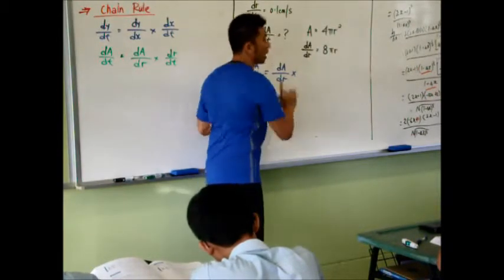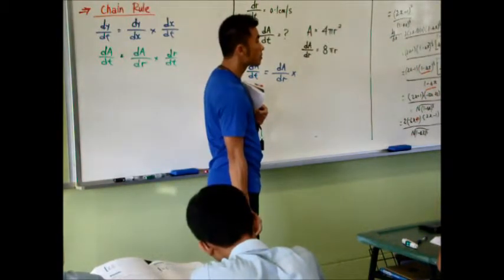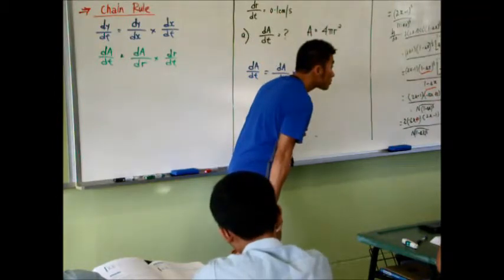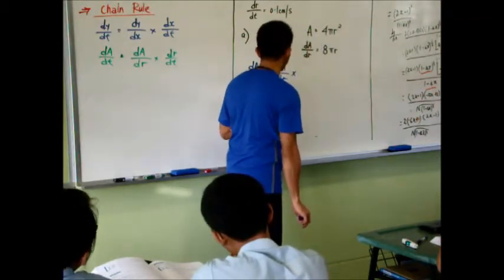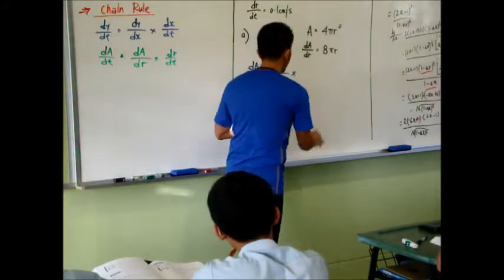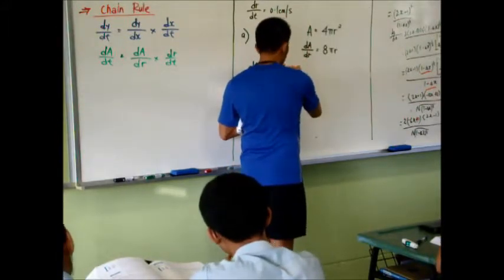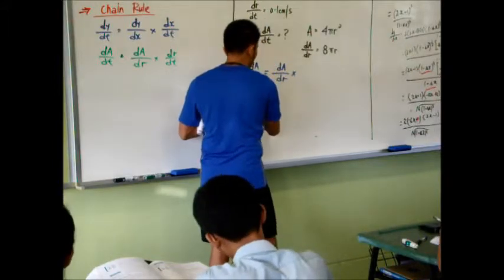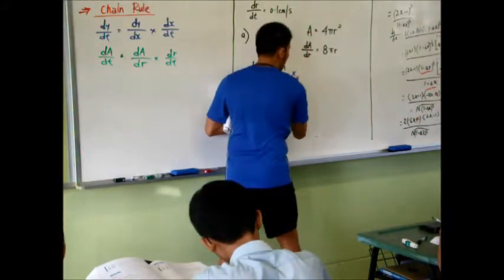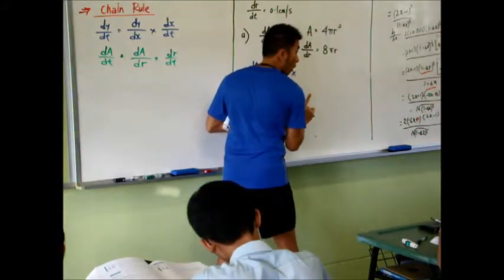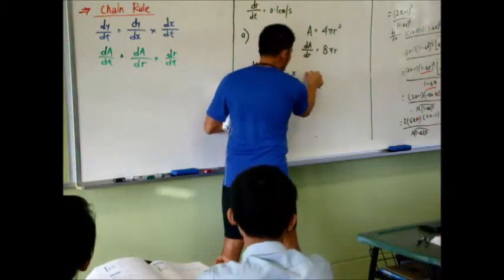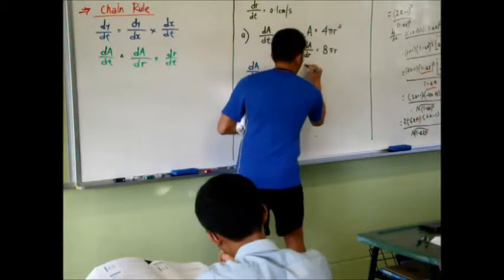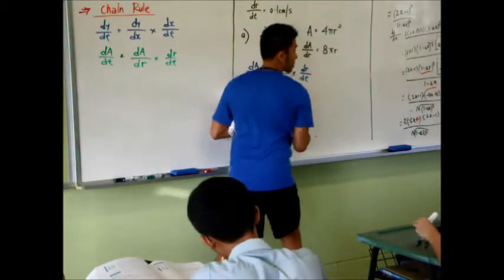What will be the one behind over here? Take note, the one for the numerator, the rate of change will be for A, so it will be in front. The one behind will be the one for the denominator, so it will be the rate of change for the radius.